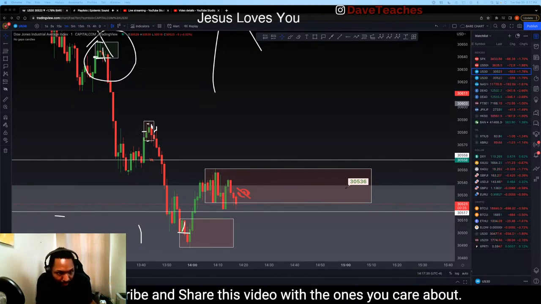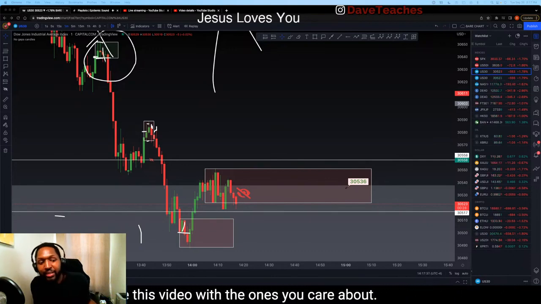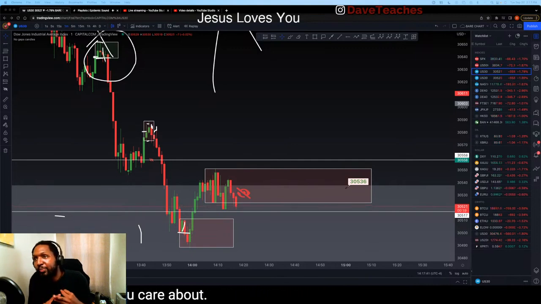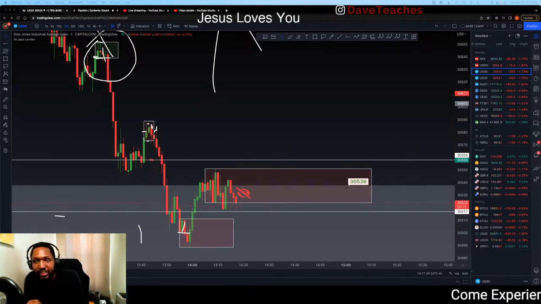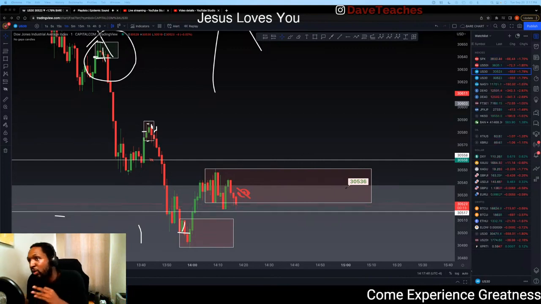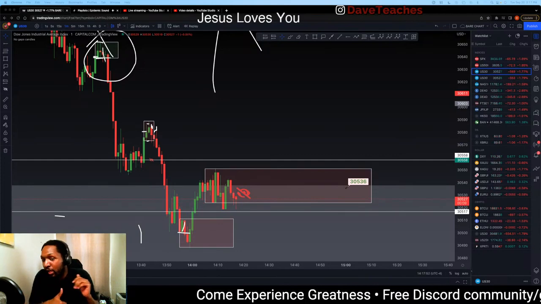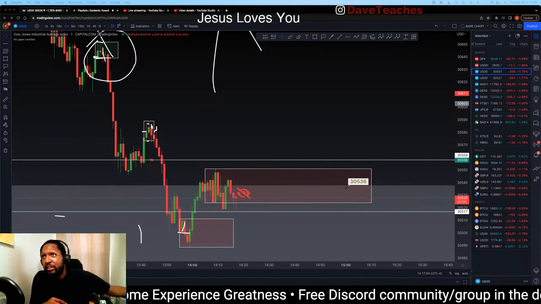Does the playlist work on every pair? Yes, not just pairs though. It works on stocks, crypto, futures, forex, all of it. It works on the Nifty index. It works on Japan's index. It works on Hong Kong's index. It works on the U.S. indices. It works on the German indices. It works on the London indices.